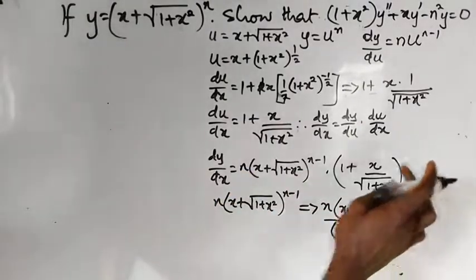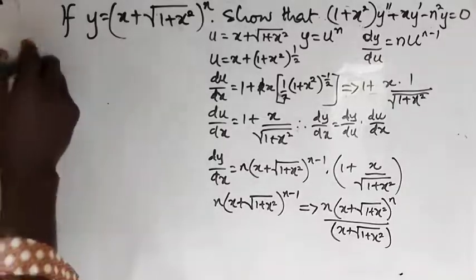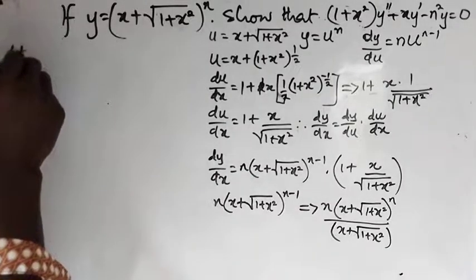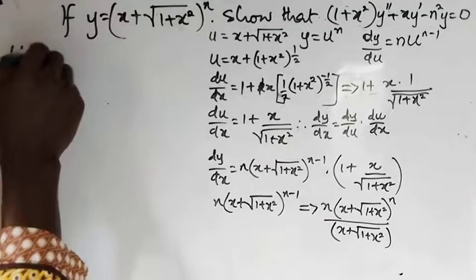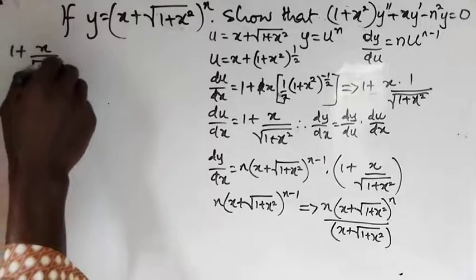Now let us quickly express this, which is also 1 + x over √(1 + x²).